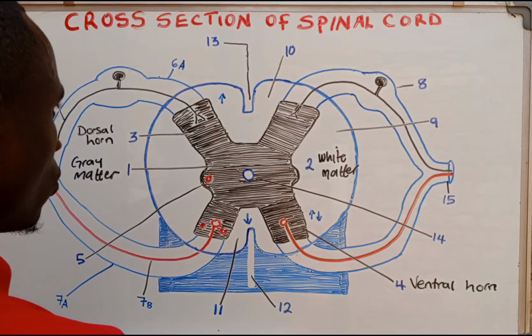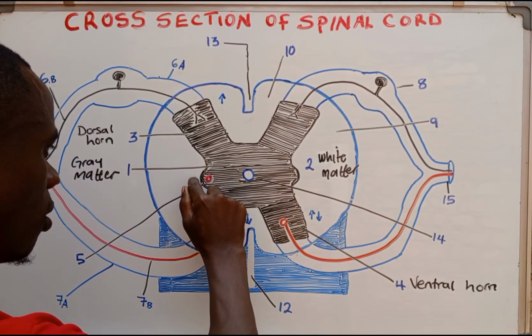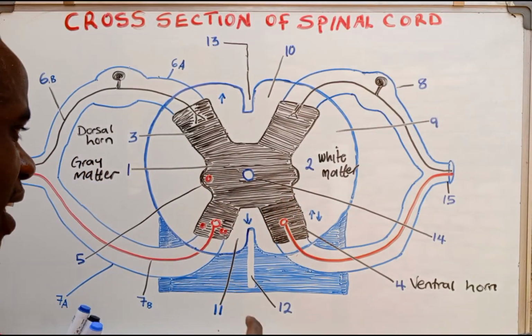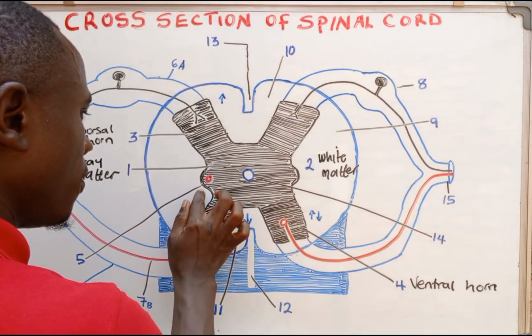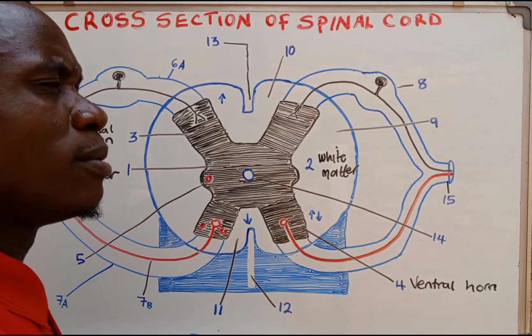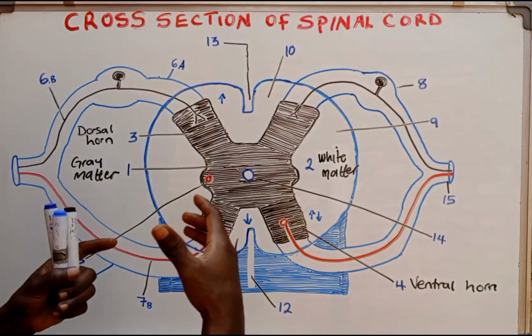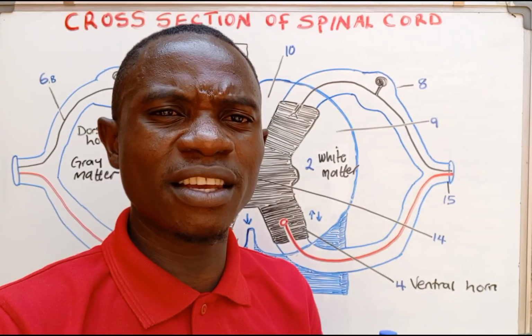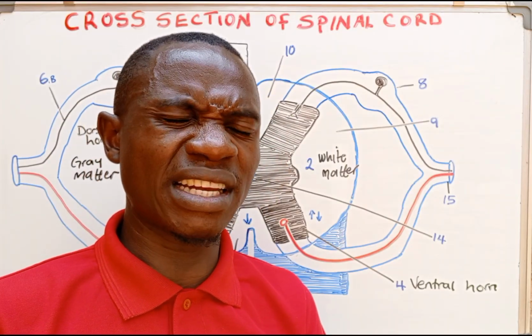Then coming to number five. You see this bulbar structure in the part of the gray matter. We are going to be finding some of these structures in the thoracic region and the lumbar region, and they are going to be housing neuron cell bodies that give us preganglionic fibers of the sympathetic nervous system.